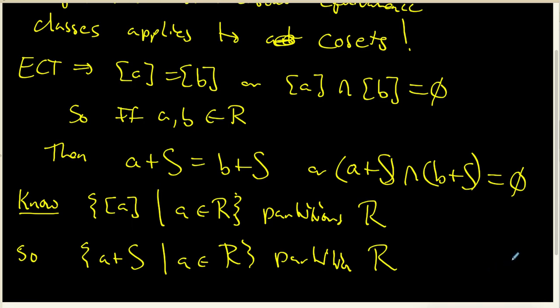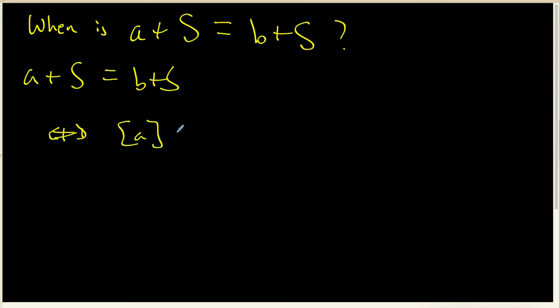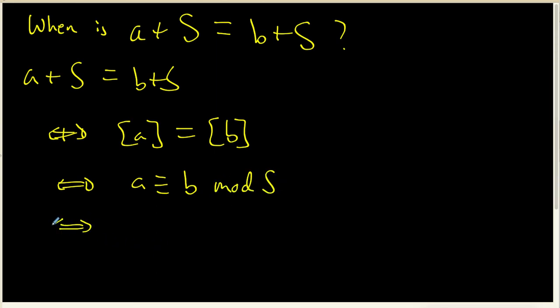And then the final thing that I want to look at, because it's intimately connected to the equivalence classes, is this question. When is A plus S equal to B plus S? Well, the easy answer is that A plus S will equal B plus S if and only if the equivalence class for A is equal to the equivalence class for B, but that means that A and B are equivalent mod S, and that says that A minus B has to belong to the subring.